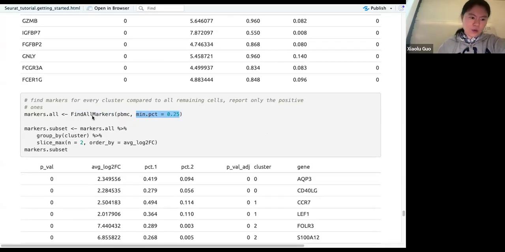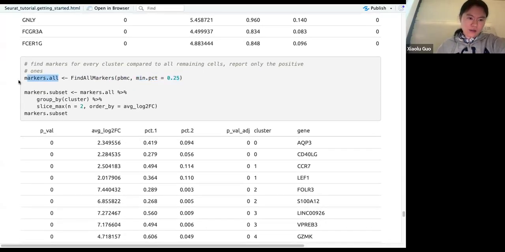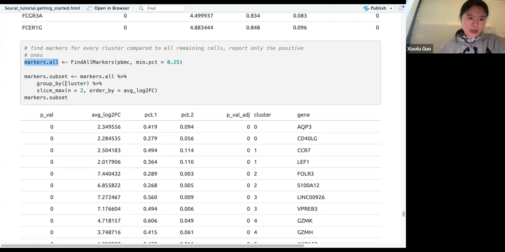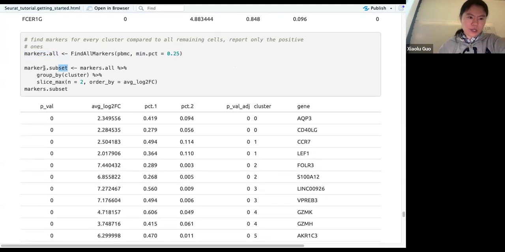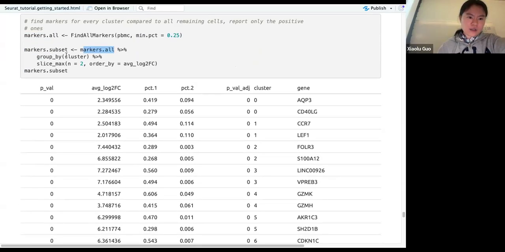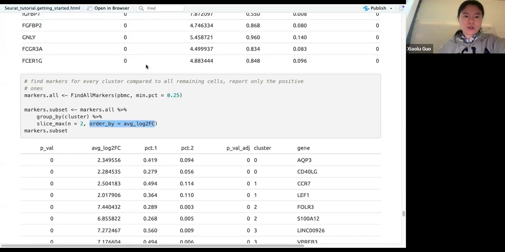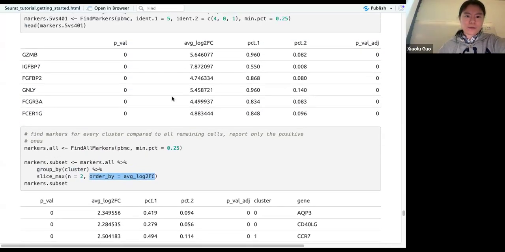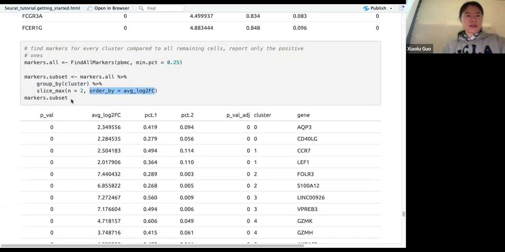Then we can assign it to this data, and select a subset of all the markers. We want them grouped by clusters, and for each cluster we want to display 2 markers, ordered by the log2 fold change value. And then we can display how it looks.